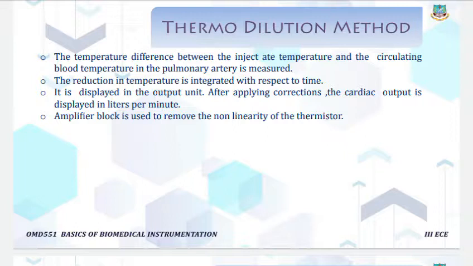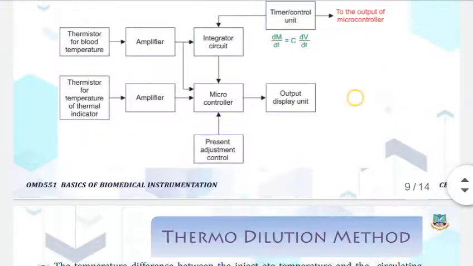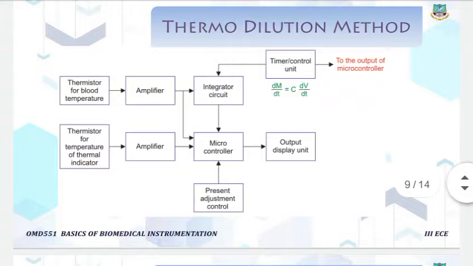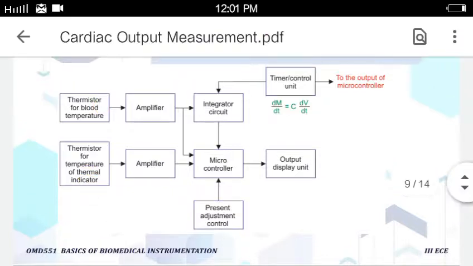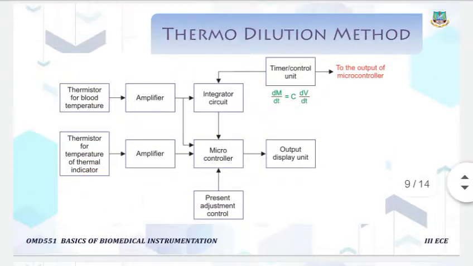Then it is displayed in the output unit. After applying corrections, the cardiac output is displayed in liters per minute. In this block diagram, there is a thermistor for blood temperature and a thermistor for the temperature of the thermal indicator. Then it goes to the amplifier, the integrator circuit, the microcontroller, and then the output display unit.